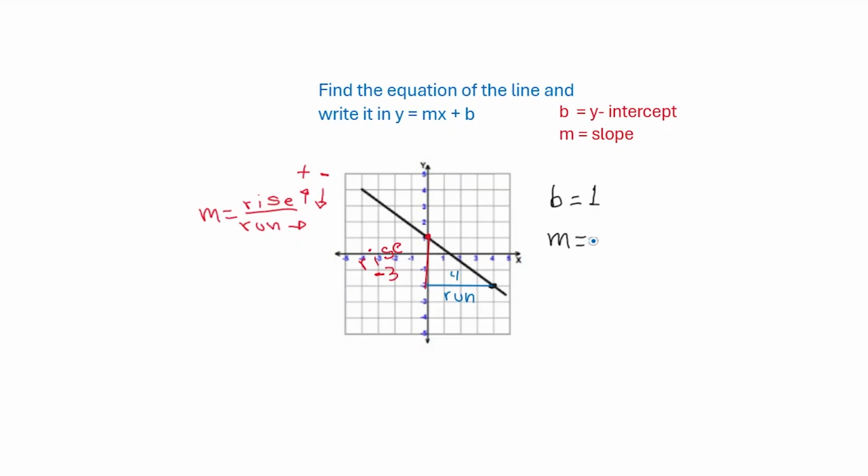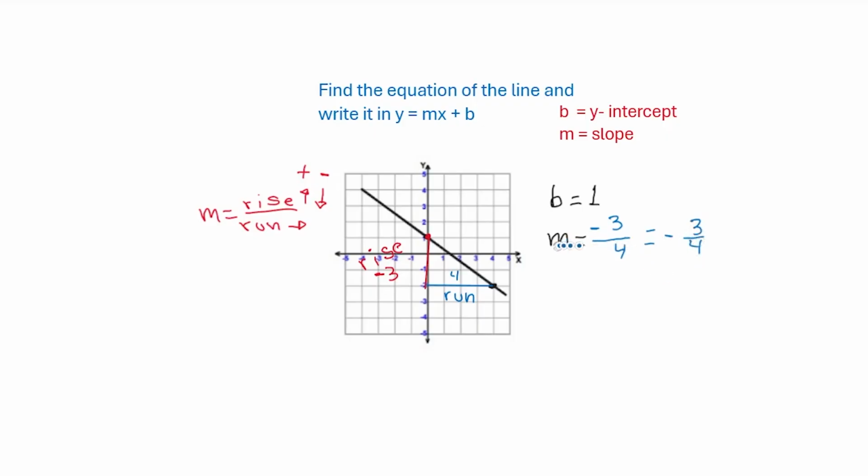So then the slope should be rise over the run. So that is going to make it -3/4. The proper way for us to write the fraction is rewriting negative divided by a positive. That should be -3/4. Okay.